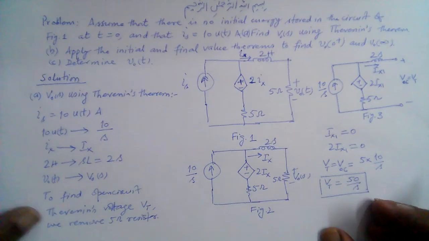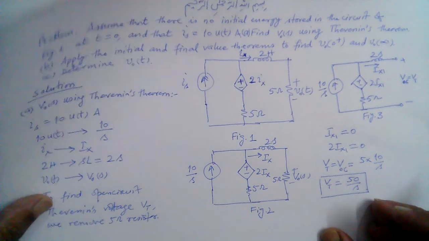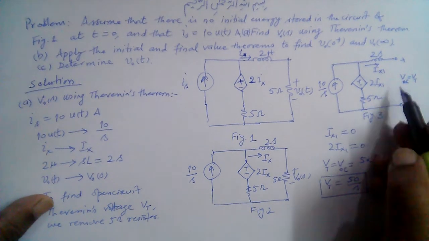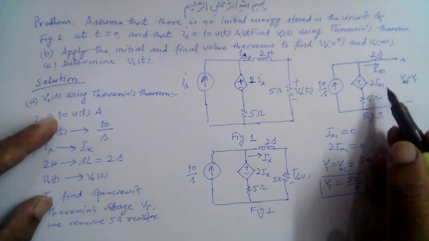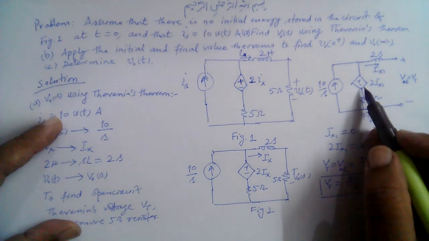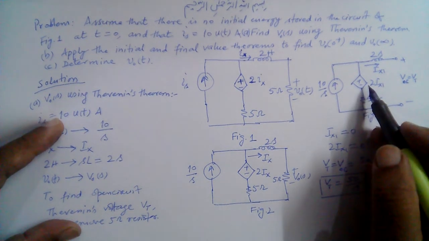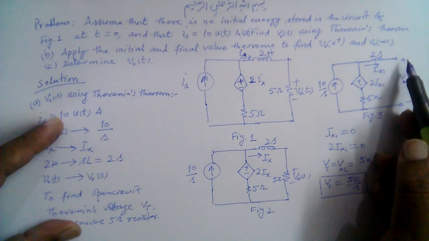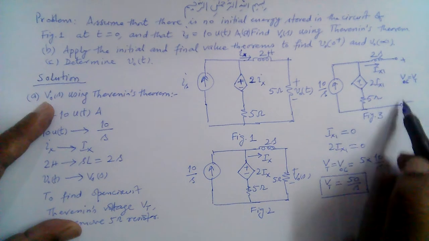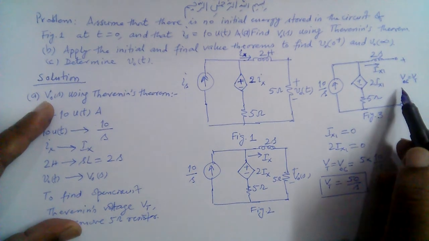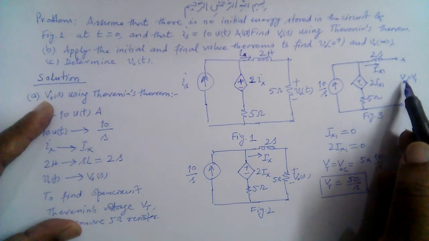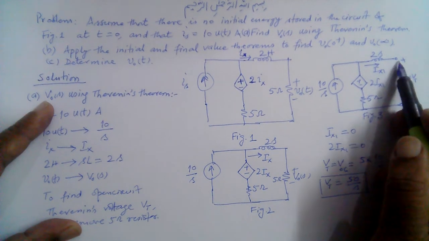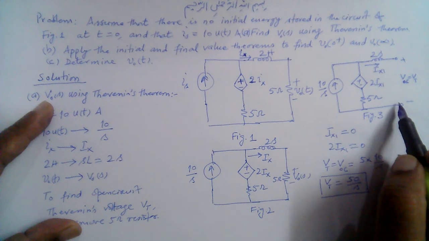And the second part of finding the Thevenin equivalent circuit is determining the Thevenin impedance. As we have a controlled source in the circuit, we can either find the short circuit current here, then the Thevenin impedance will be equal to the open circuit voltage divided by the short circuit current, or we can apply a known voltage or current source here and then find the other parameter.